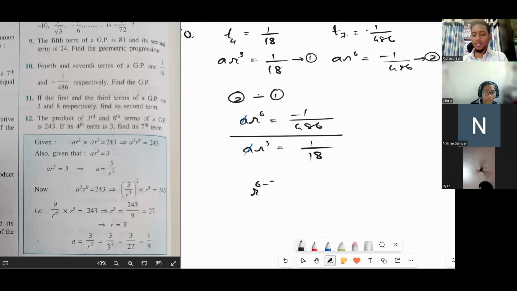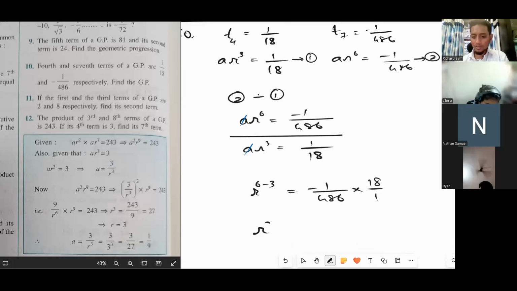R raised to 6 minus 3 equal to, here, how will we divide fractions? Minus 1 upon 486, and this division will be written as multiplication, and reciprocal this 18 upon 1. So we can cut also. So here we'll get R raised to 3 is equal to something. And then if you do cube root on both sides, we'll get the value for R. Did you understand what to do? Okay, continue. Do from here.